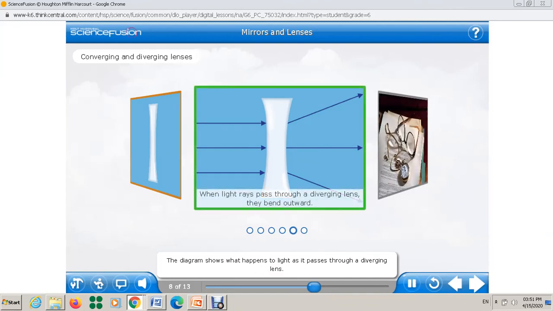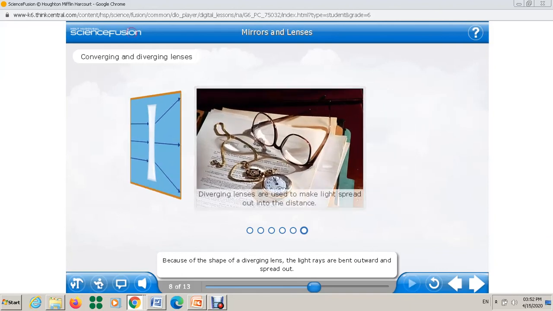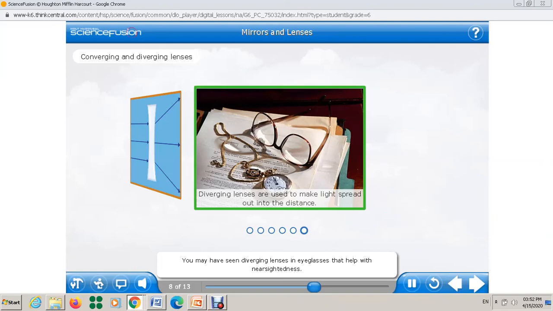The diagram shows what happens to light as it passes through a diverging lens. Parallel light rays that travel toward the lens are refracted as they pass through it. Because of the shape of a diverging lens, the light rays are bent outward and spread out. You may have seen diverging lenses in eyeglasses that help with nearsightedness. People with nearsightedness have difficulty seeing things at a distance because their eye focuses images in front of the retina instead of on it. The lenses in their glasses help focus the image on the retina.